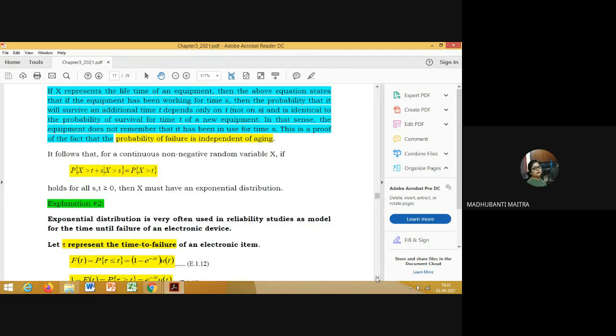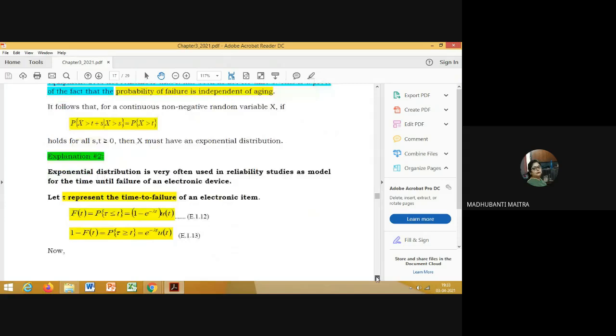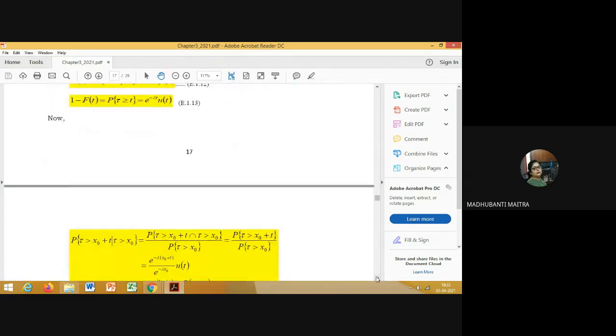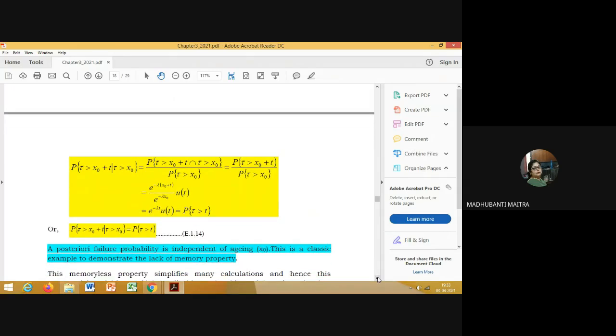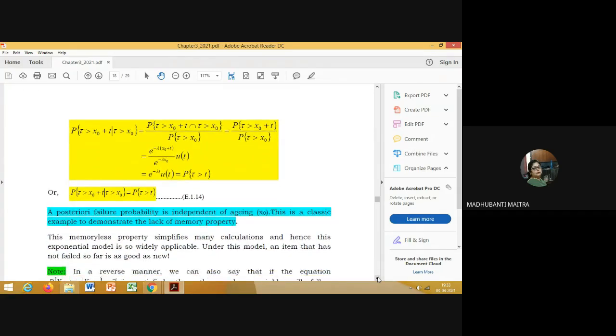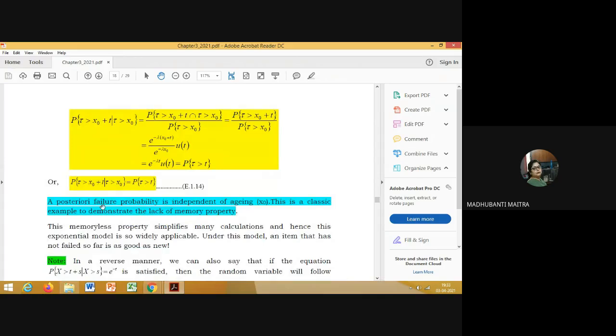So we find that the rate of failure is independent of aging.